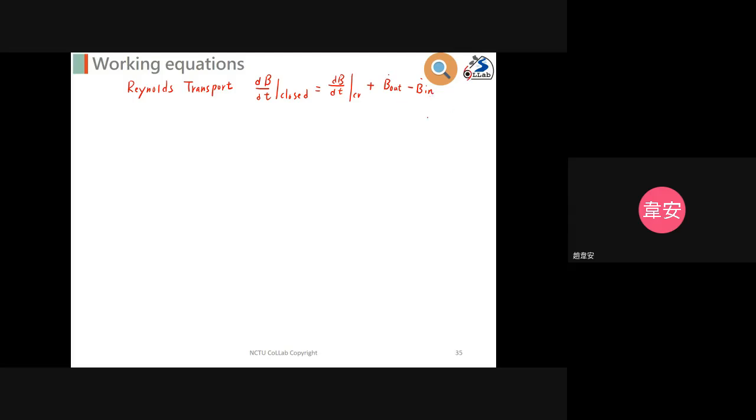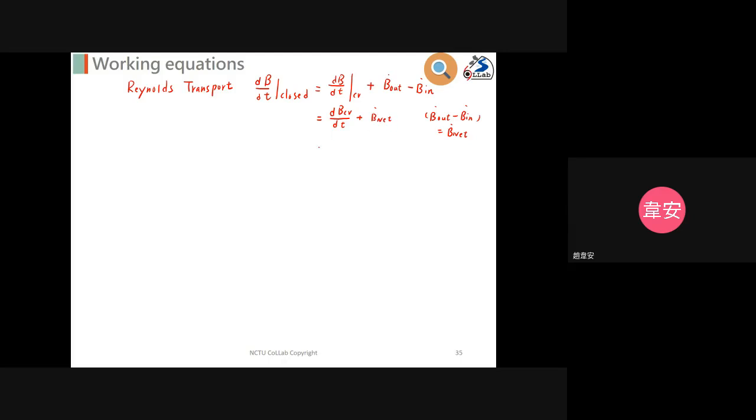And we know that the B rate outflow minus the B rate inflow is equal to the B rate net. So we can rewrite the equation: this is the B in the control volume changing with time, plus the B rate net. This is the net outflow rate.